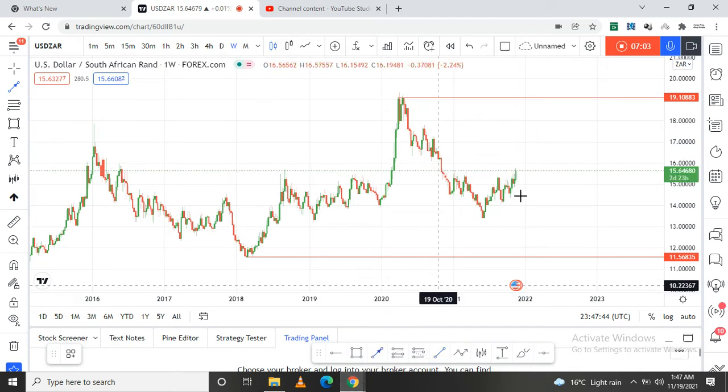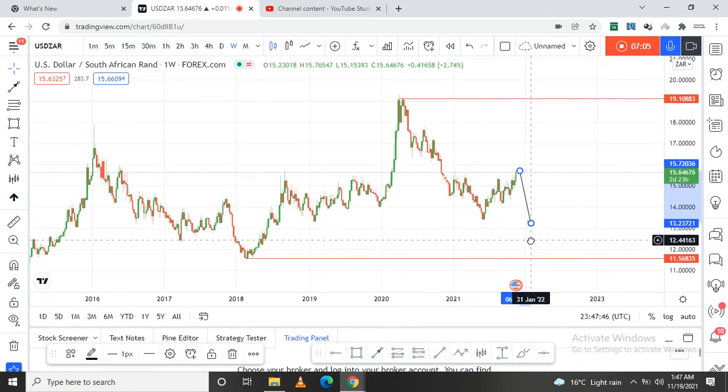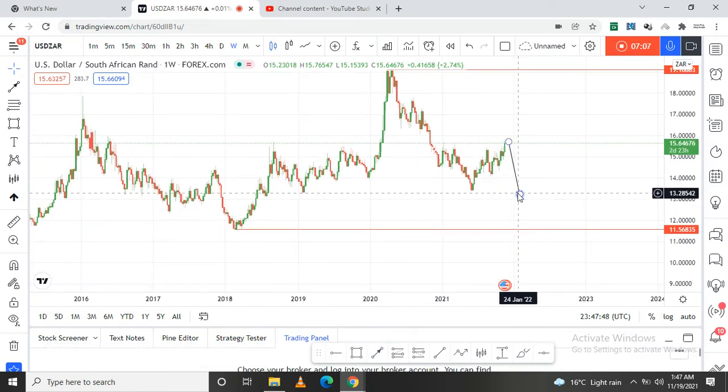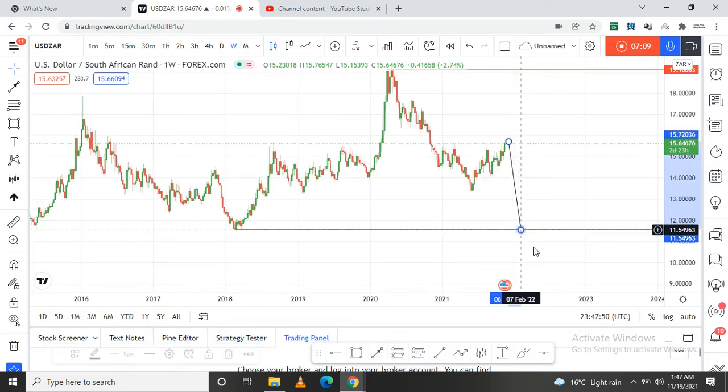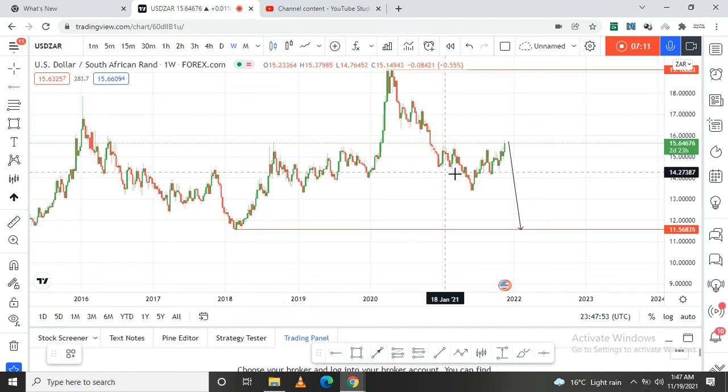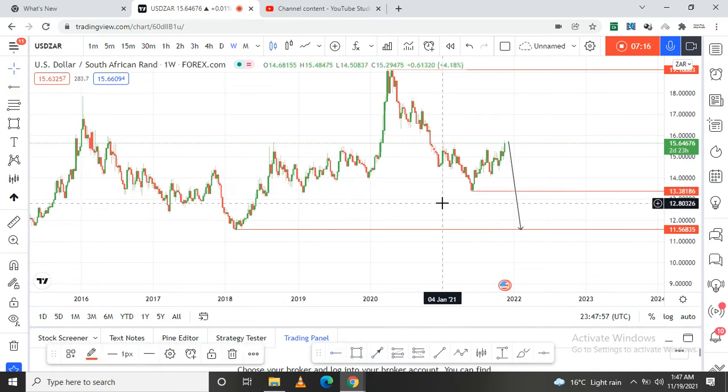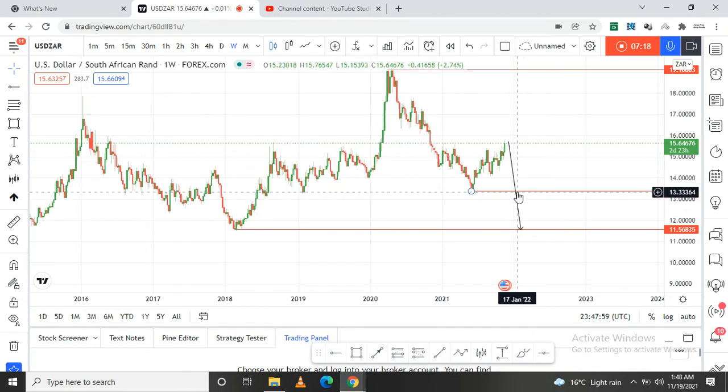So what I'm anticipating is a sell back to the downside. But our first target is going to be here. This is going to be our target one. This is going to be our last target.